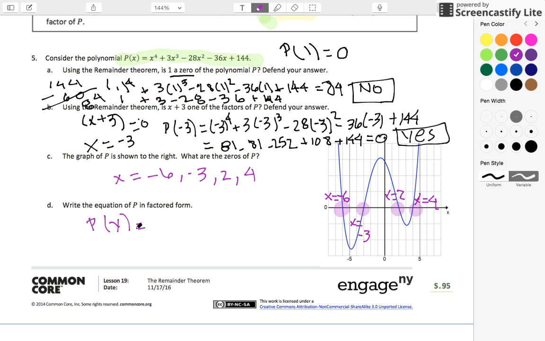Assuming that the leading coefficient is 1, because these are the zeros, we can write the equation. We can have x plus 6, taking the opposite sign, and then x plus 3, x minus 2, and then x minus 4. And that's my equation.